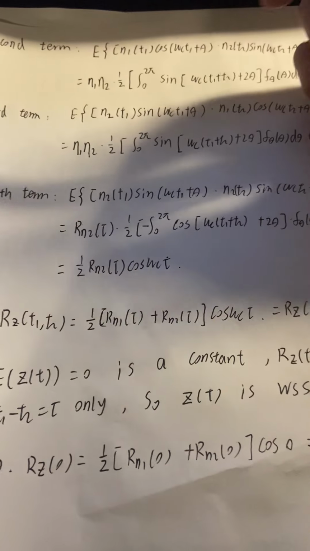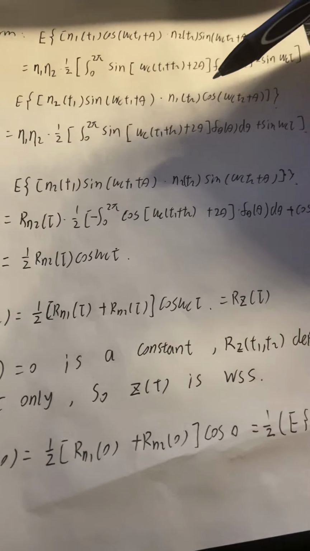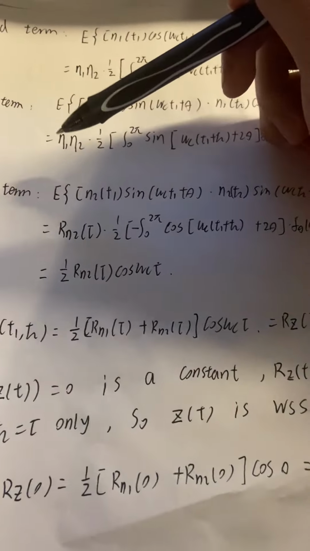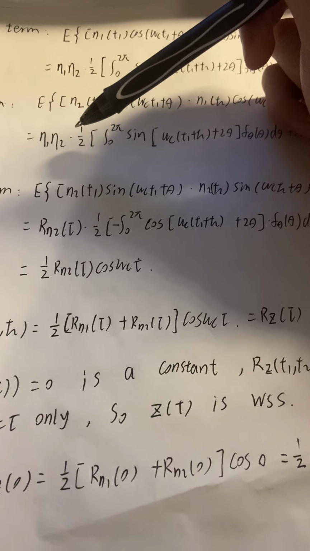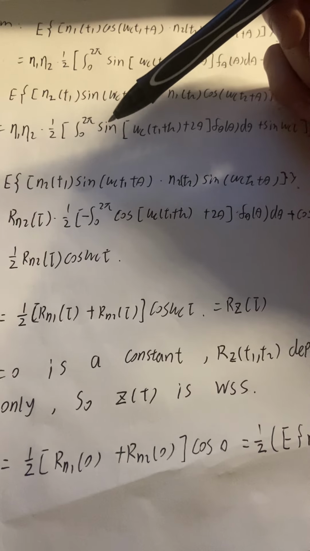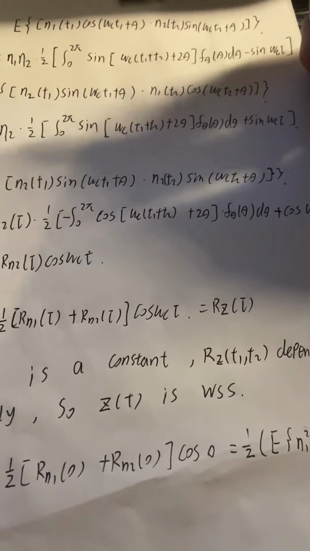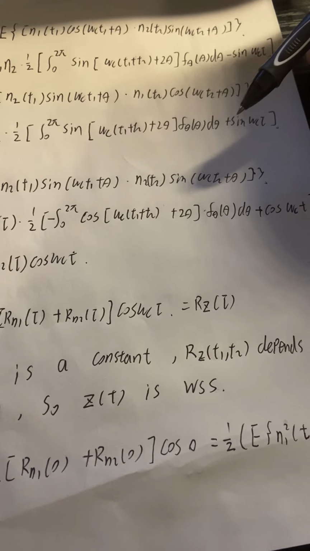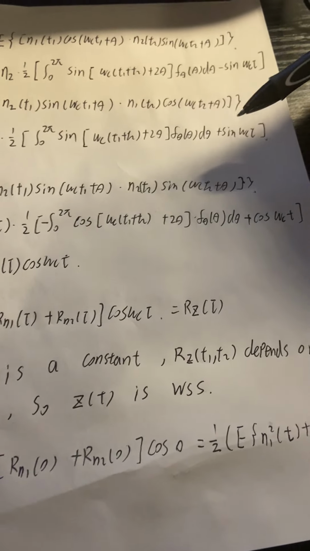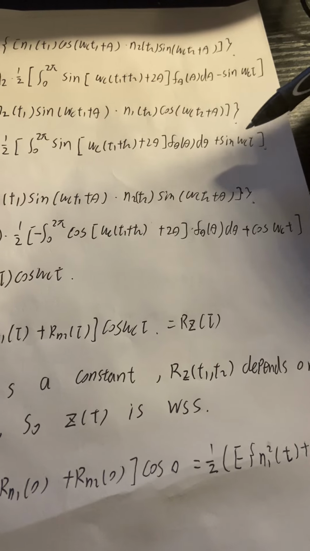For the third term, we use the same method, and the result will be eta1 times eta2 times 1/2 times the integral of sine times the density function of theta plus sine(omega_c tau).